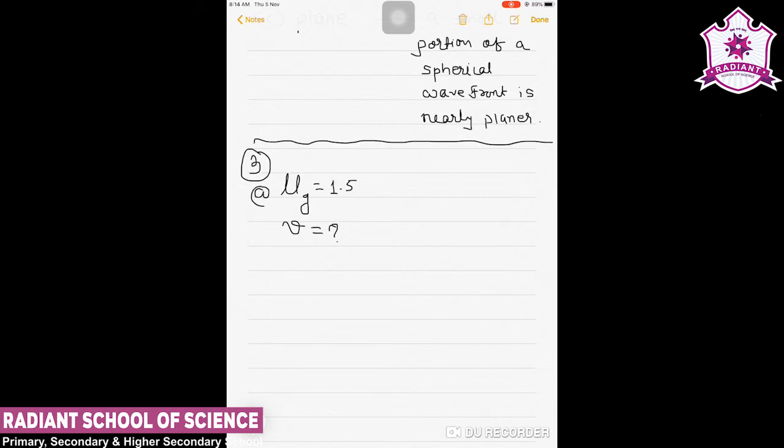So this is example number A. We are given C is equal to 3 into 10 raised to 8 meter per second. So we can simply say that mu is C over V, and therefore V is C over mu, that is 3 into 10 raised to 8 divided by 1.5.